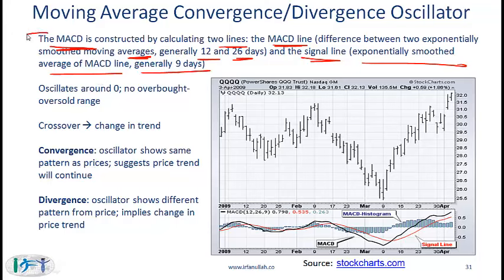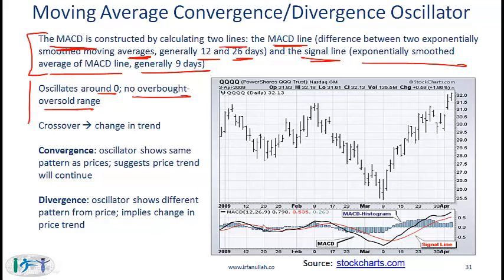Now again, I think this is quite complicated and the probability of being tested on this is low in my opinion. The oscillator oscillates around 0. There is no overbought or oversold range here.